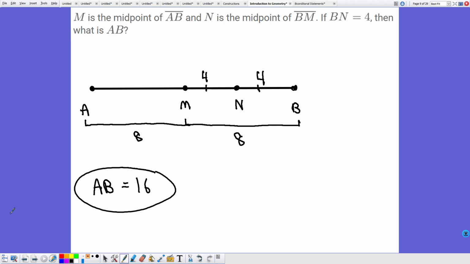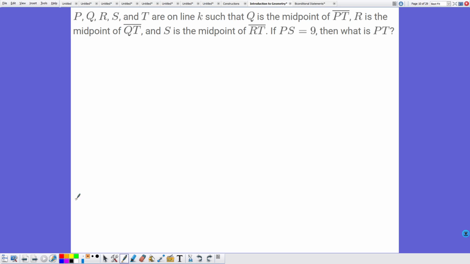So you're just using facts about midpoints and the fact that a midpoint splits a segment into two equivalent pieces. So with that being done, let's check out another problem.